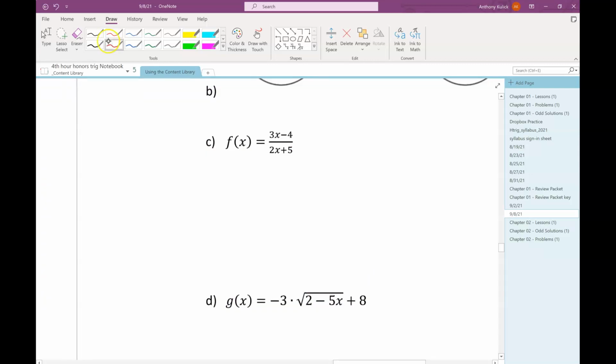Yep. So what I'm basically going to do is start by removing the function notation, writing it as y equals. And then I want to get the x by itself. In a case like this, where I have x's in two different locations, I'm going to cross multiply.